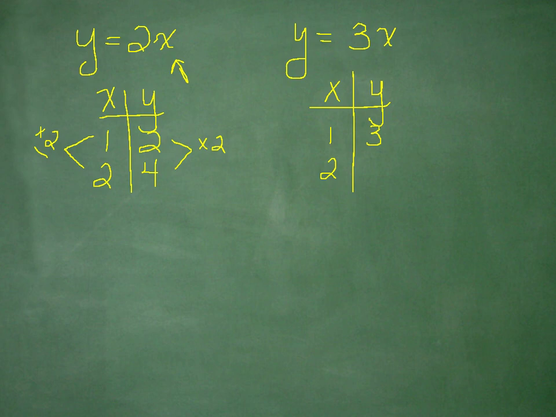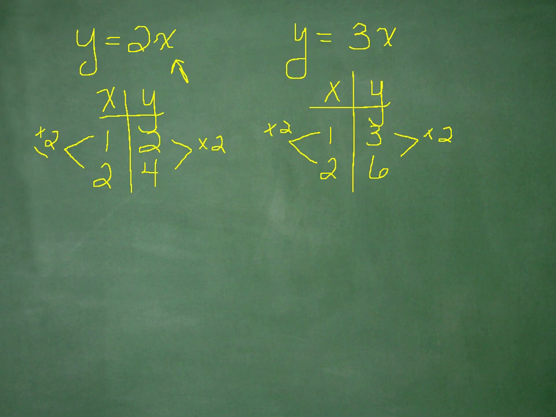Plugging into our equation, we get 3 times 2 is 6. Now again, look at the relationship in the x column. From 1 to 2, you multiply by 2, and the same thing happens in the y column. From 3 to 6, you multiply by 2. 3 times 2 gives you 6.